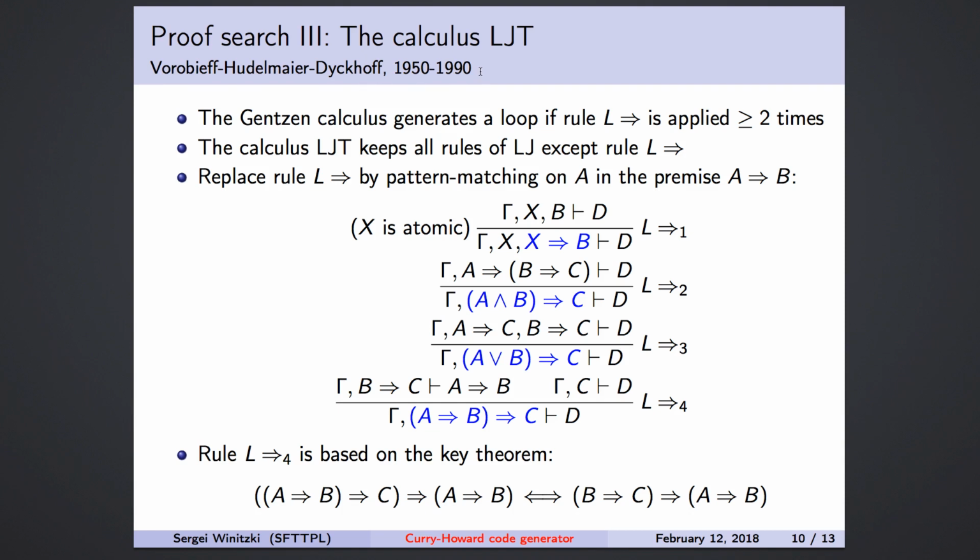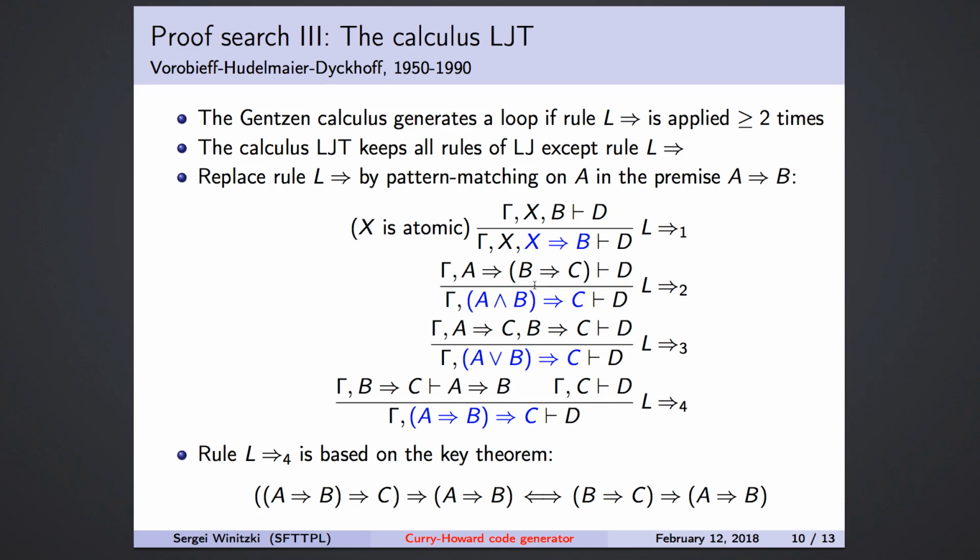As you see, Gentzen's calculus was proposed in 1935, and then these people published between 1950 and 1990 progressively more clear and more efficient versions of this calculus. So the main idea of this calculus is to get rid of this rule, left implication, because this rule gives you loops. So let's just replace this rule by something else.